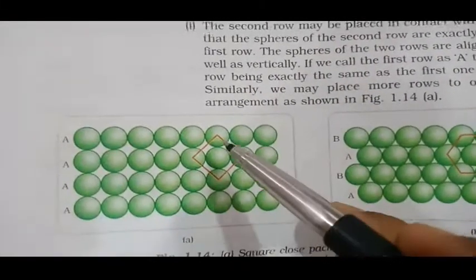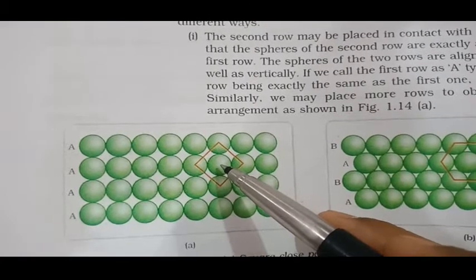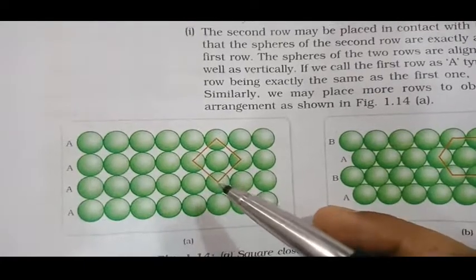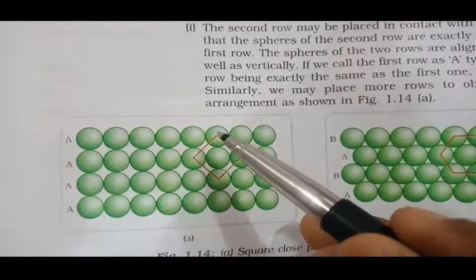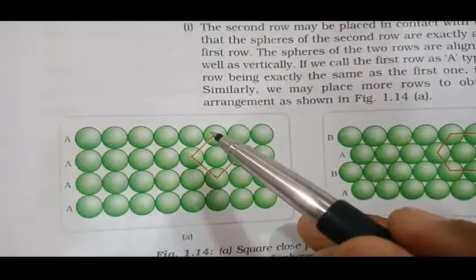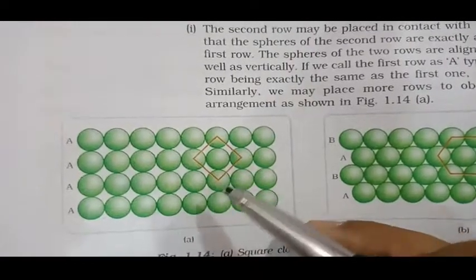In this arrangement the coordination number of each and every constituent particle is 4, because 4 particles are in direct contact. When you join the centers of all these spheres, you will get a square. That's why it is termed as square close packing.